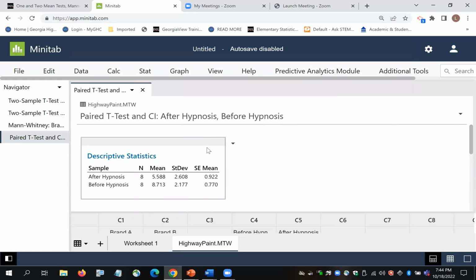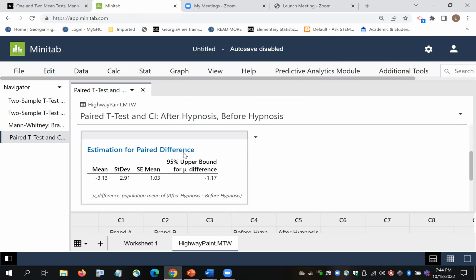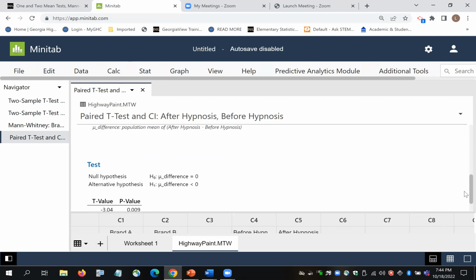Now, should you need it, Minitab calculates the descriptive statistics for each sample. My after mean was 5.588 with a standard deviation of 2.608. It's there in the results if I need it. I also have the estimation for paired difference if I need it.